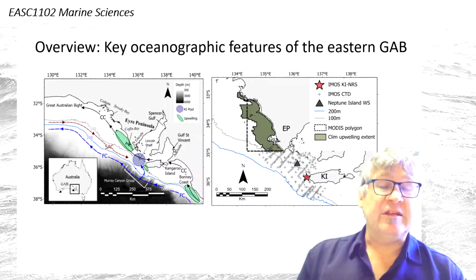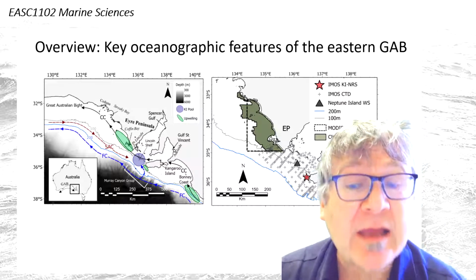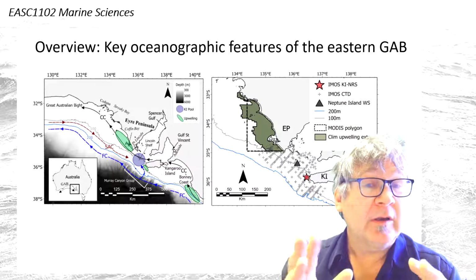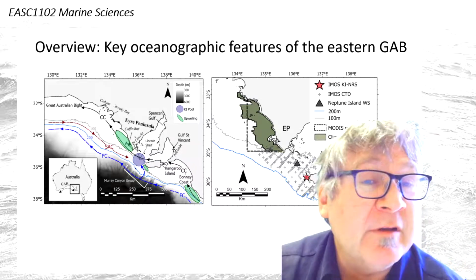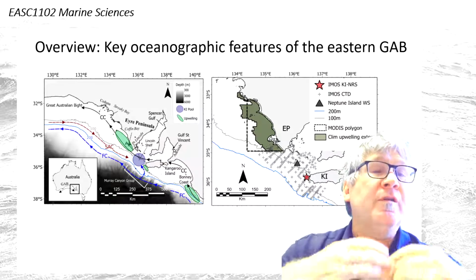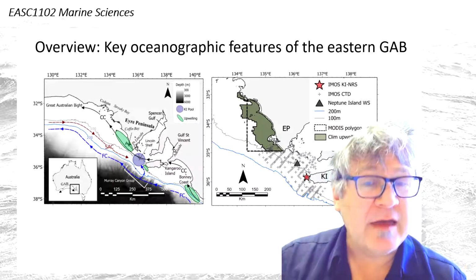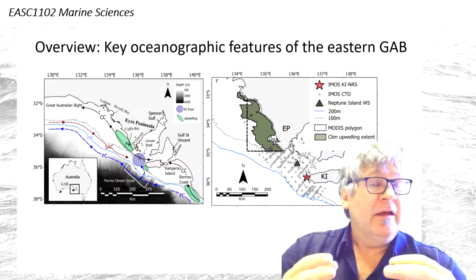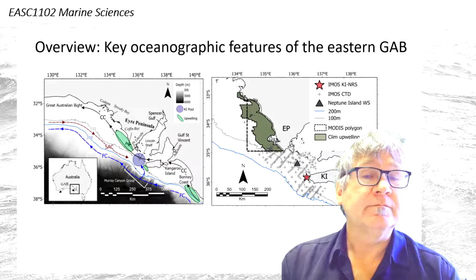And from this you can actually infer the properties of the Kangaroo Island Pool. Okay, and the idea is, if you remember that from the lecture, the more nutrients you have, the colder is the water that you actually observe on the shelf.